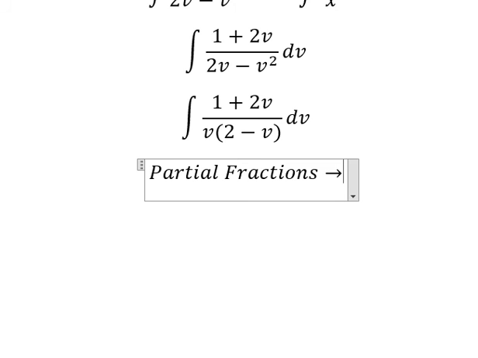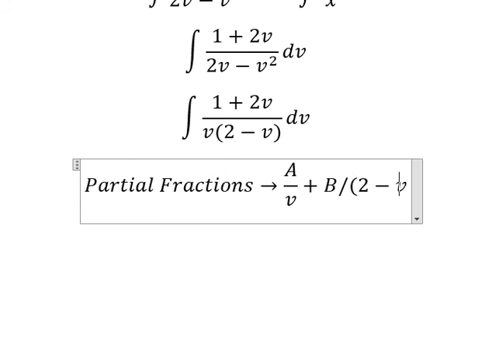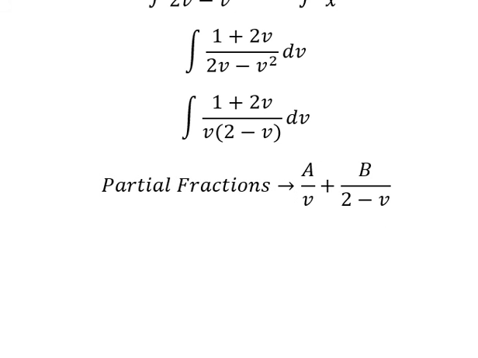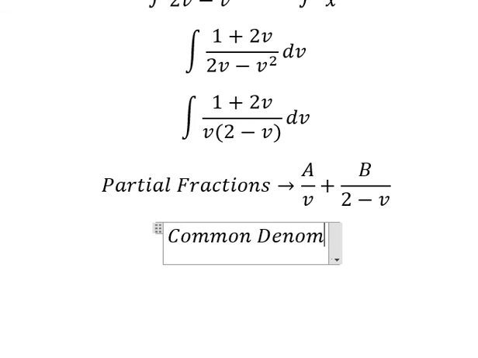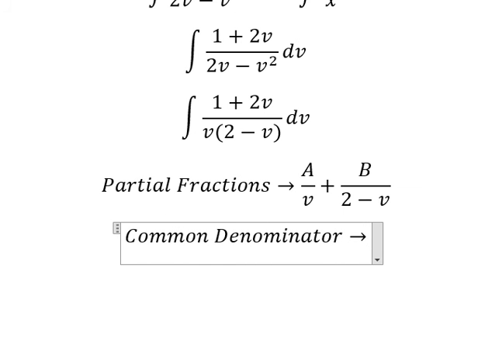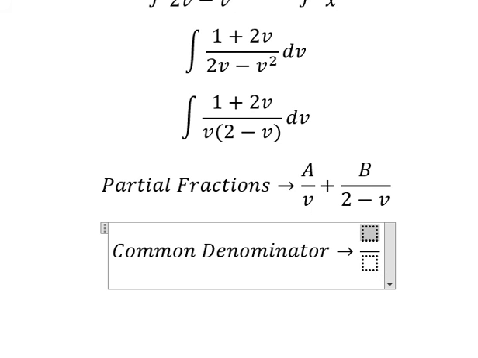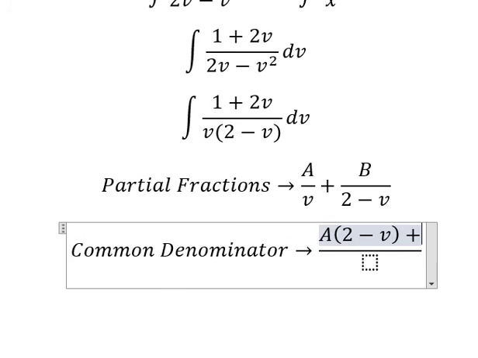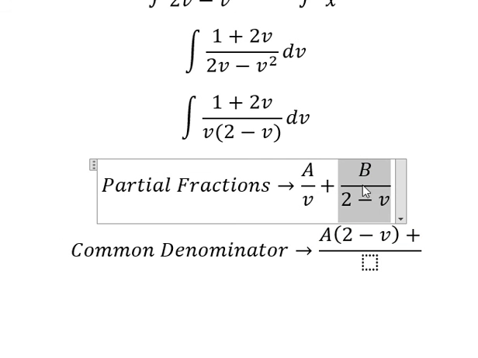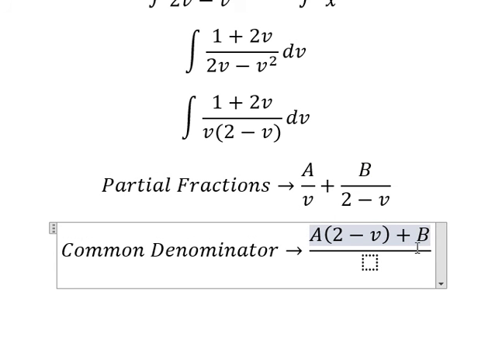So I will put A over v and B over 2 minus v. And now we do the common denominator. About this one, it is missing 2 minus v, so capital A multiplied by 2 minus v. About this one, it is missing v, and we have capital B multiplied by v.